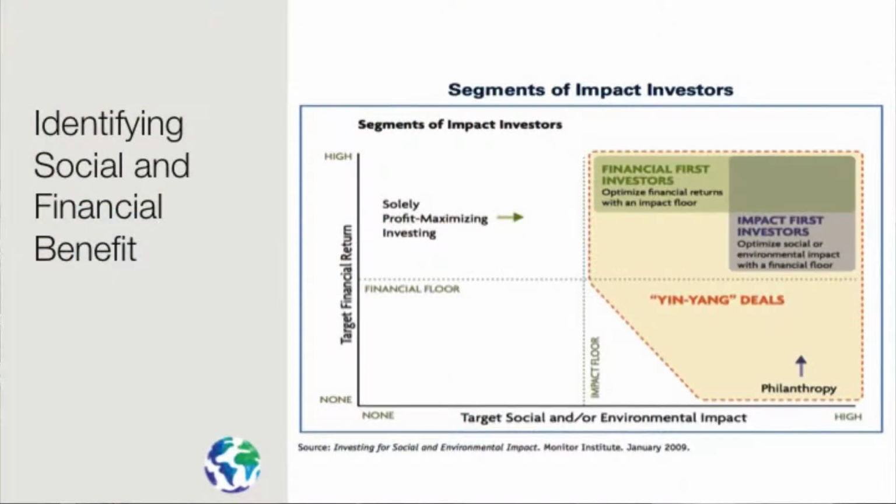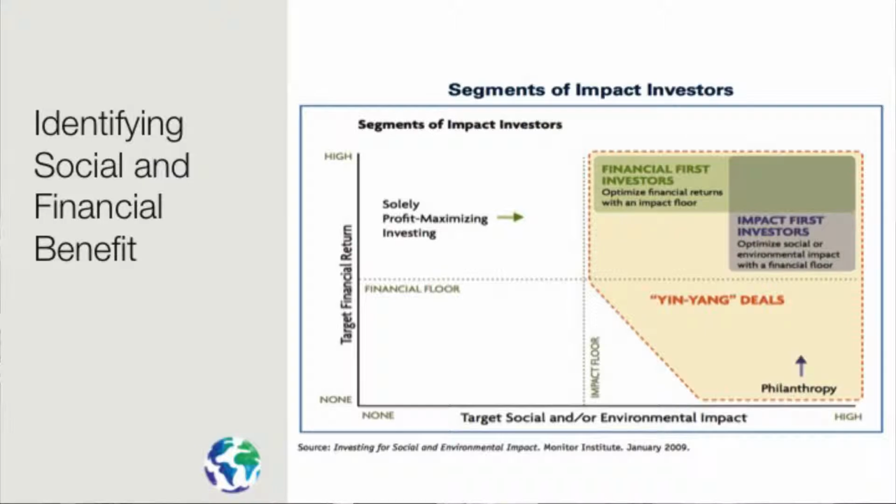This next chart actually graphically depicts the puzzle chart that I showed you earlier. Here you see that there are 2 sort of minimum thresholds. The minimum threshold on the horizontal line would be what is the minimum financial threshold, and the minimum threshold on the vertical line moving out to the right would be what is the minimum threshold an investor might want to achieve on an impact measure standpoint. Of course, you want to see where your company might be on this chart.